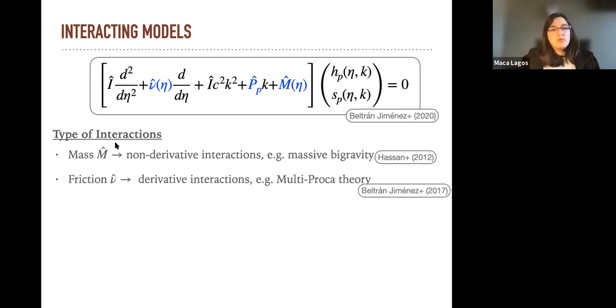Now, another example for this friction: when you have first time derivative mixings between these two fields, in order for that to appear, you do need extra fields that have derivative interactions with the metric. This, for example, happens in the so-called multi-Proca theory.